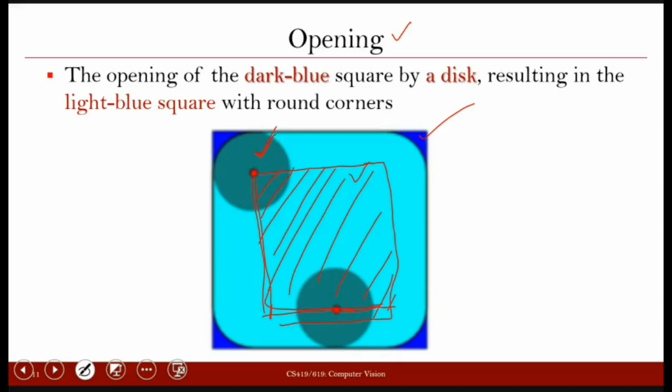Whatever pixels, foreground or background, fall under that structuring element are included in the output. So after erosion, our object is only restricted to this shaded rectangle. To dilate this, we have to place this structuring element at all possible places in this shaded area.